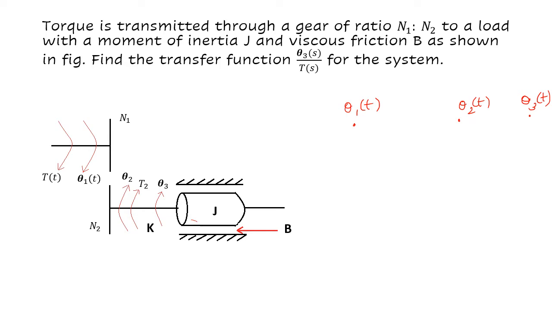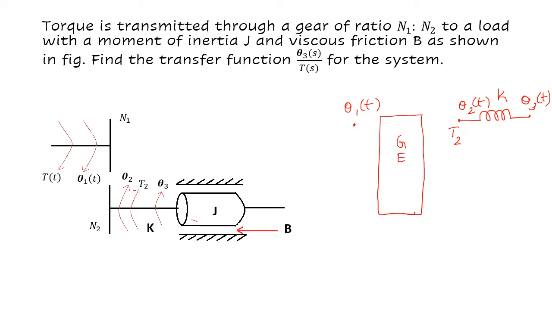Now between theta 2 and theta 3, there is a torsional spring, which we represent as K. At theta 2, it's only the torque, which is T2, that we write here. And there is a gearbox with a ratio N1 is to N2, that we represent here.